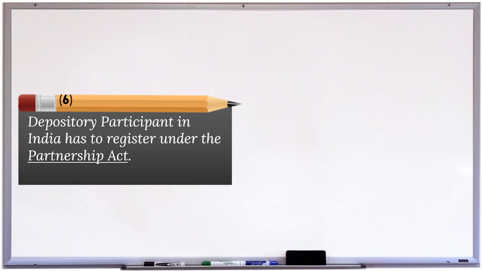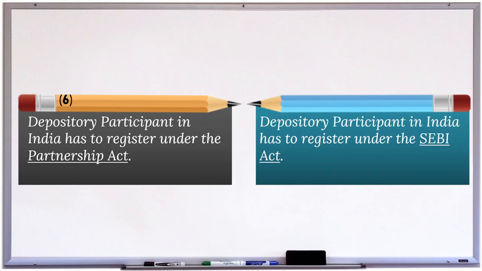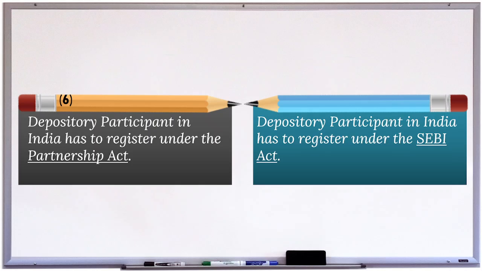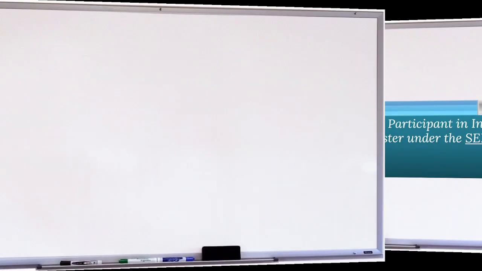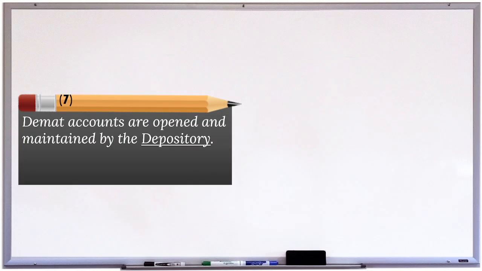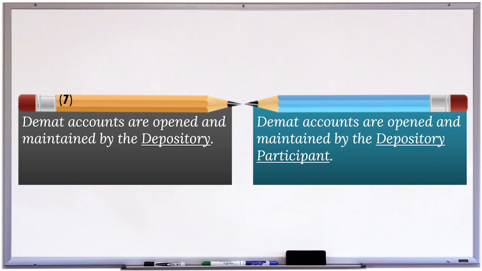Depository participant in India has to register under the Partnership Act. Answer. Depository participant in India has to register under the SEBI Act. 7. Demat accounts are opened and maintained by the depository. Answer. Demat accounts are opened and maintained by the depository participant.